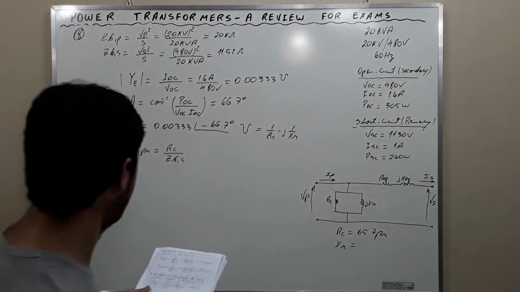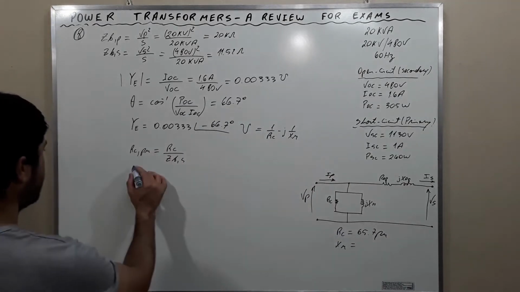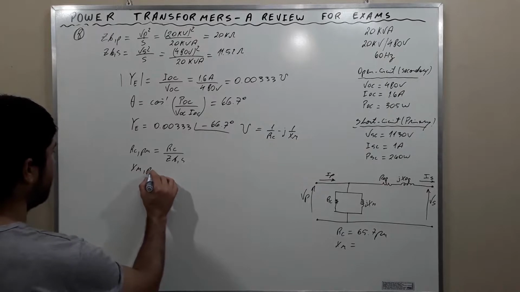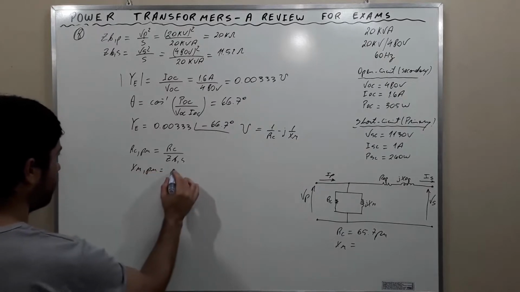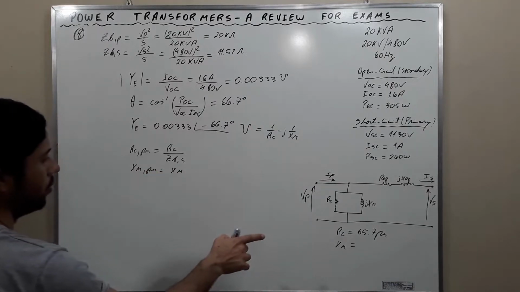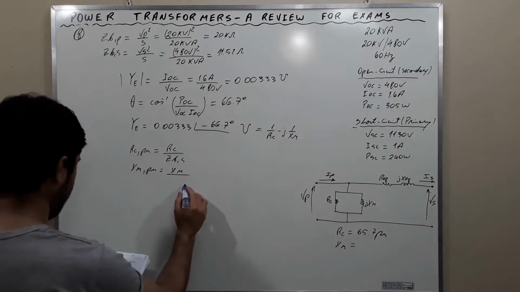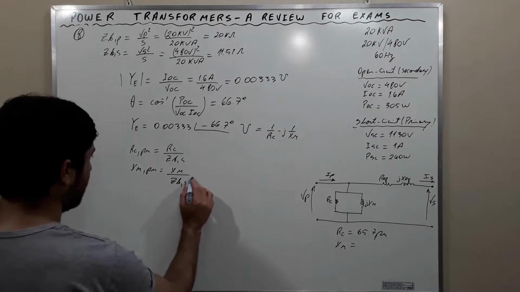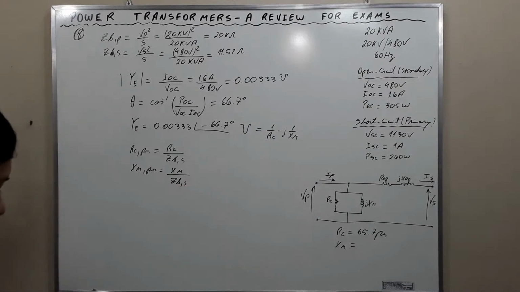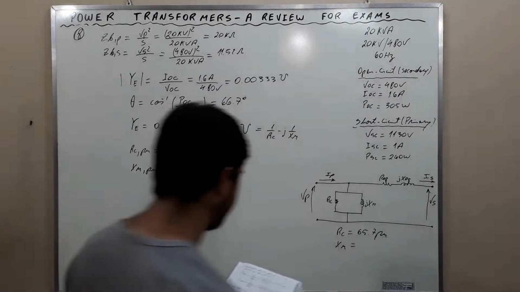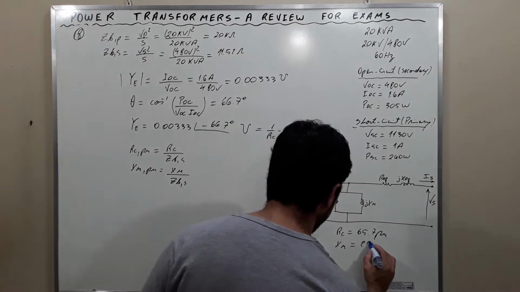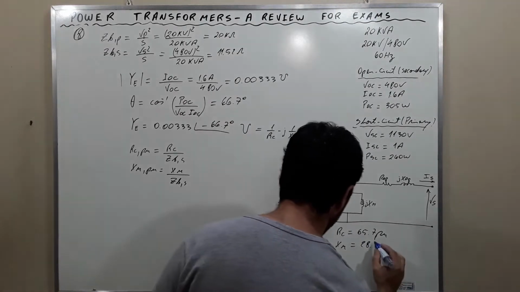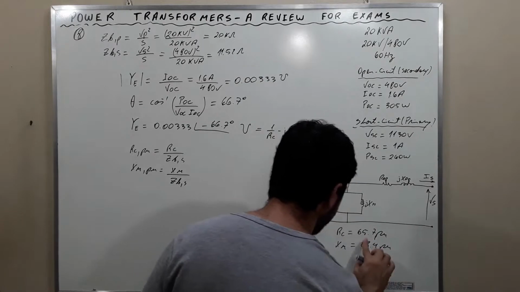The same can be done for the excitation reactance, and it is going to be that value that we wrote there divided by ZB referred to the secondary side, and we find a value of 28.4 per unit.